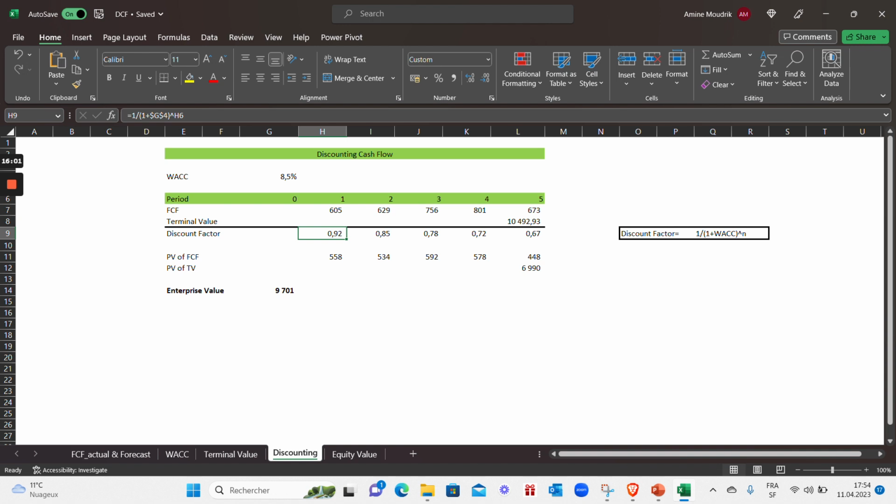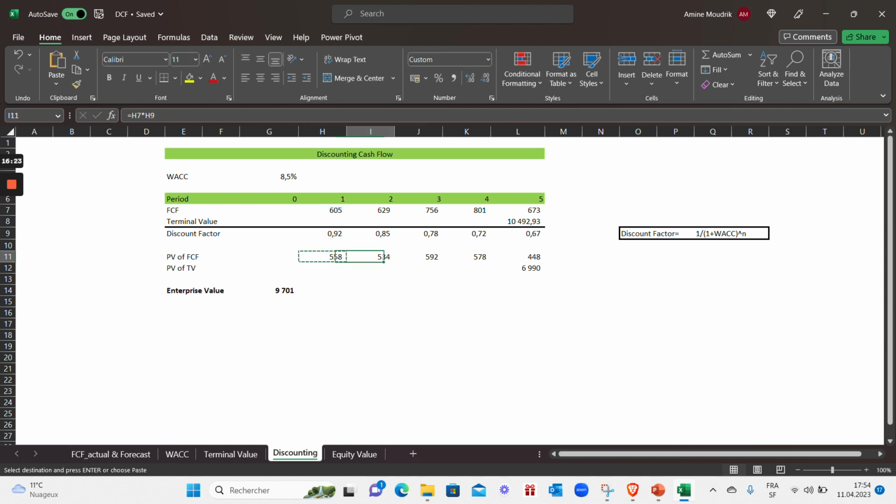and so on and so forth. Once we have this, we calculate our present value for the free cash flow, which is basically the free cash flow times the discount factor.